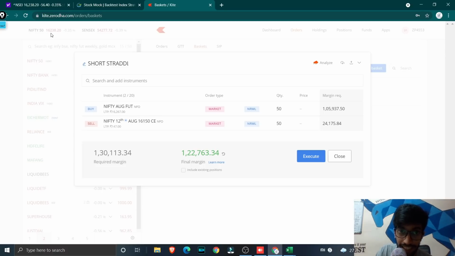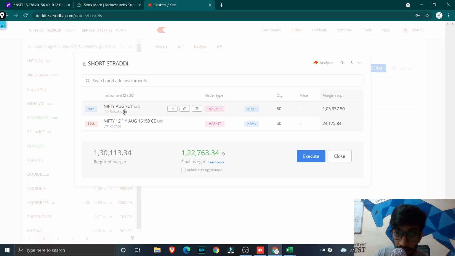You can see that it's currently at 16,238. I know it's pretty hard to see this, but Nifty close is at 16,238, right? So 100 points from there, and when you round it off, you get 16,150. So this is going to be a 100 points in the money call option. This is currently trading at 147.